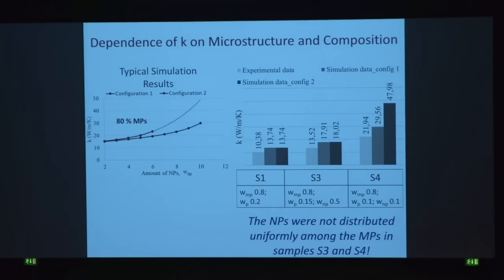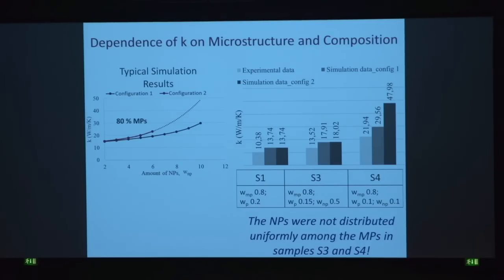Now, this is a typical simulation on the left. Then I go back to samples S1, S3, and S4. In S1, you can see that we only have microparticles. The match is pretty good, meaning that in the DAA, the microparticles are uniformly distributed. Nice. And if we go to S4, now we add 10% of nanoparticles to the DAA, the experimental data is 21, which is good.